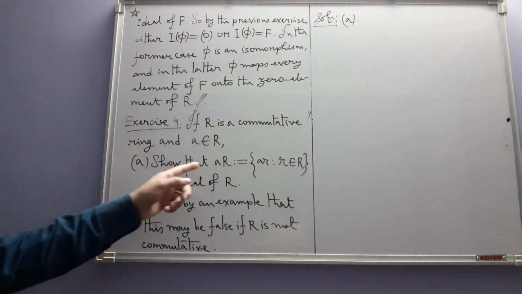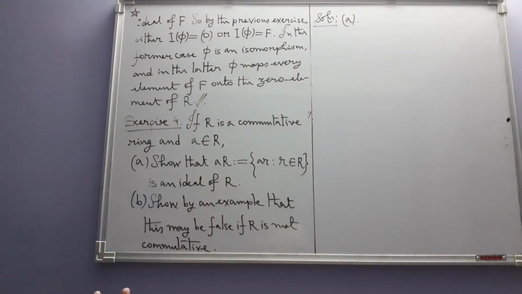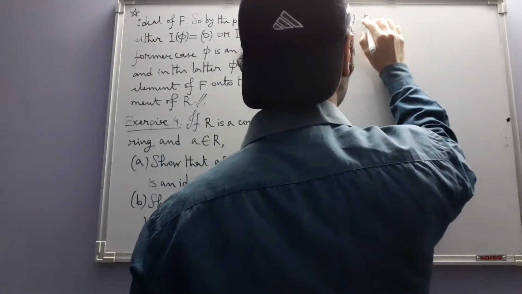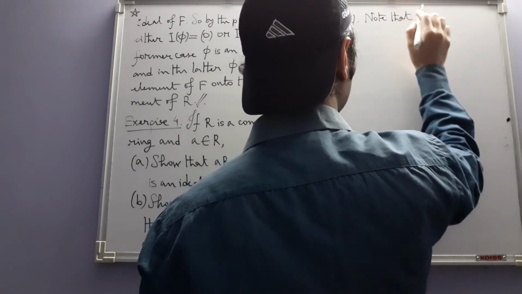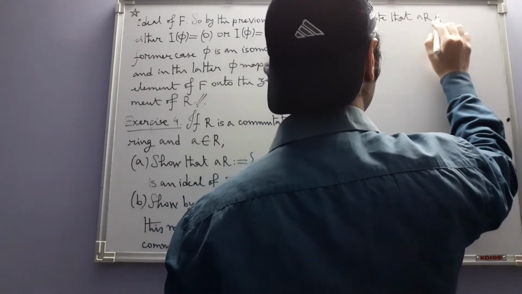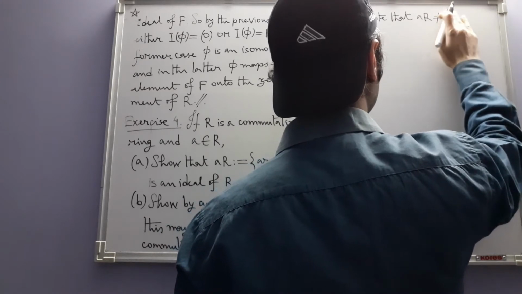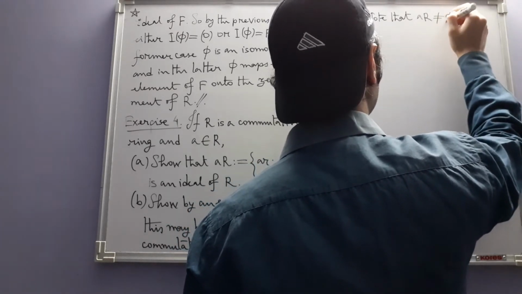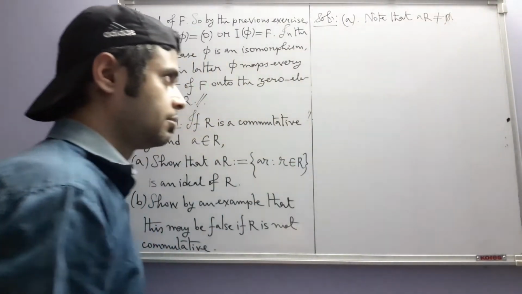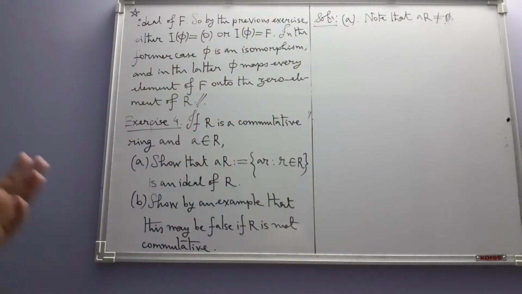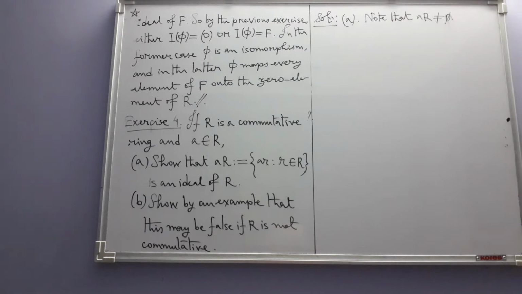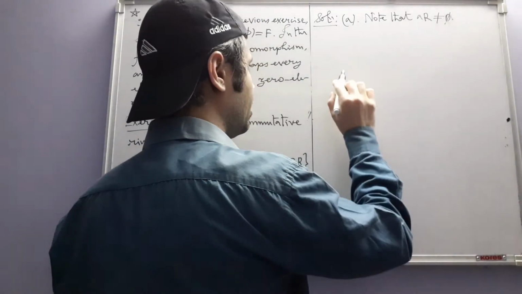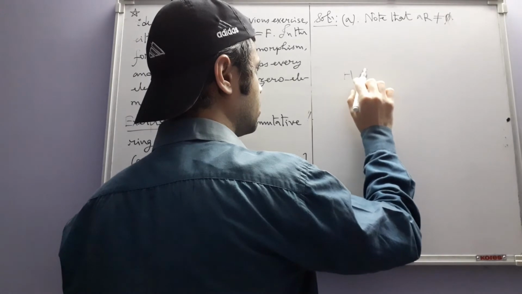Okay, so we have to show that aR is an ideal. Note that aR is non-empty. It's not the empty set. One thing I should mention at this point is that this happens sometimes.